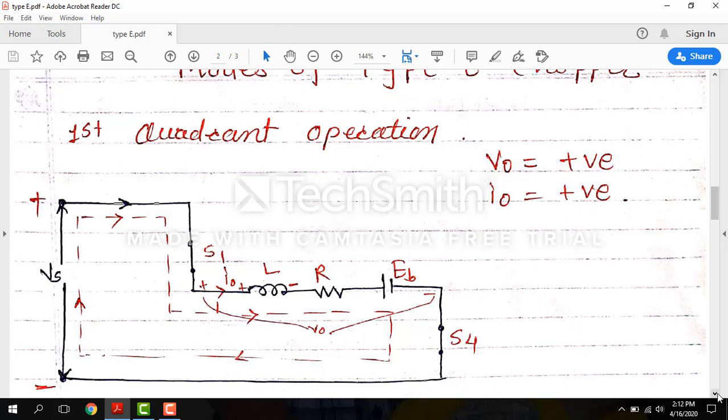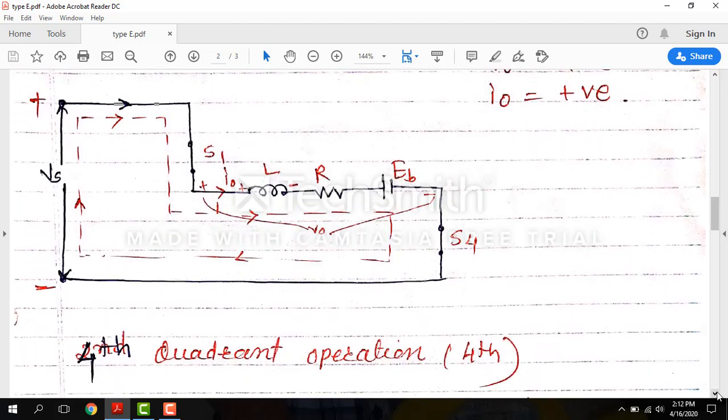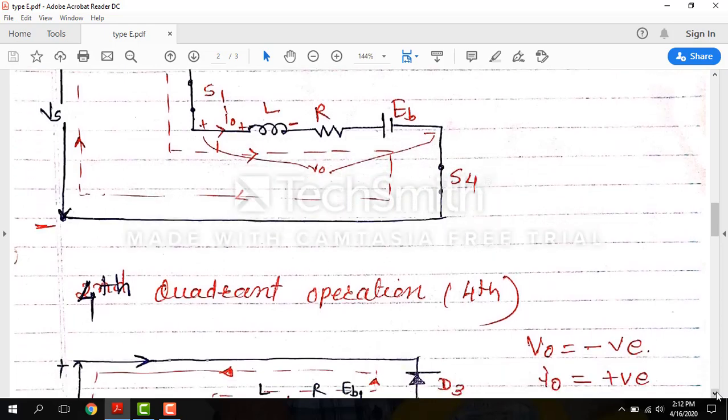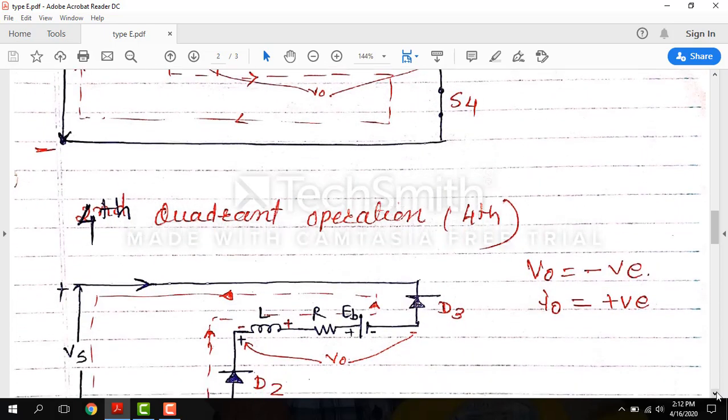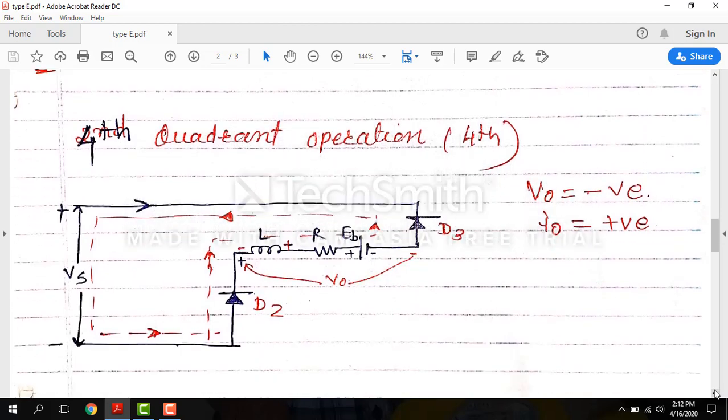The next is fourth quadrant operation. Here we turn off the switches S1 and S4. When S1 and S4 are turned off, the inductor will release the energy with this polarity.